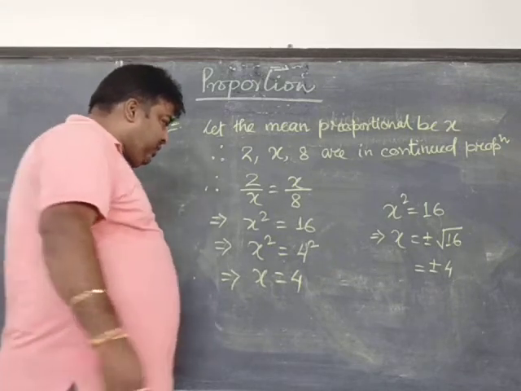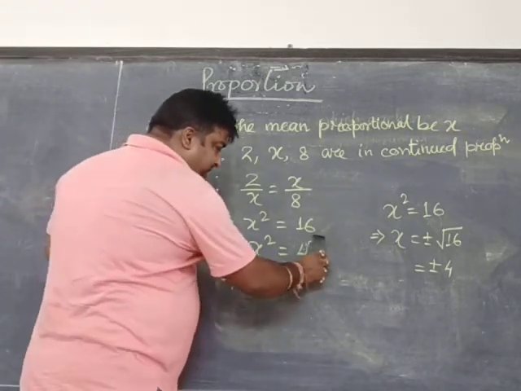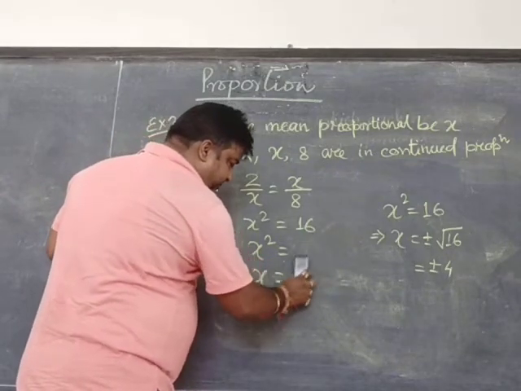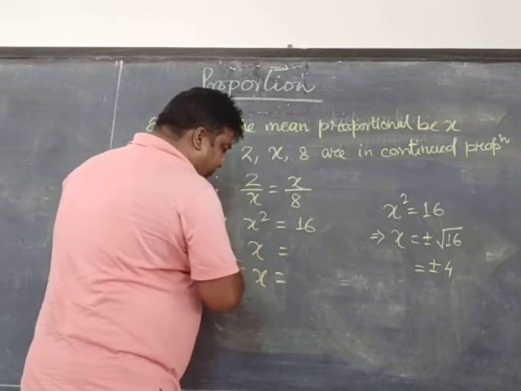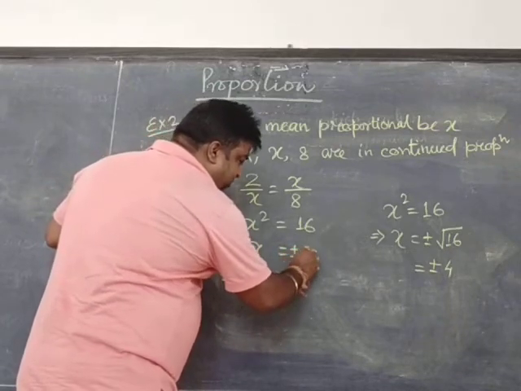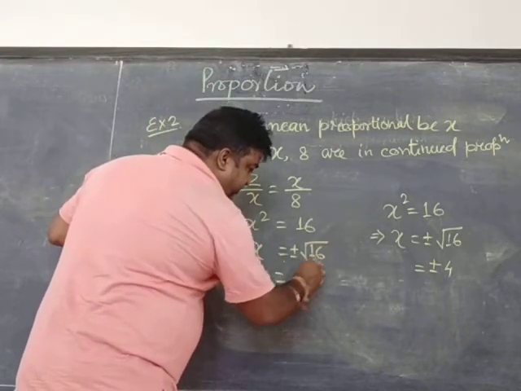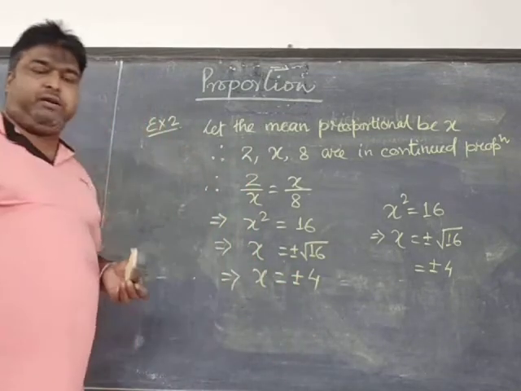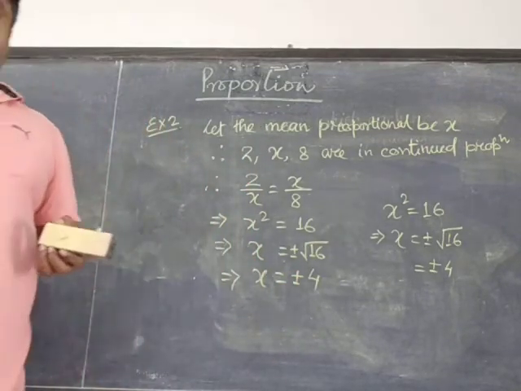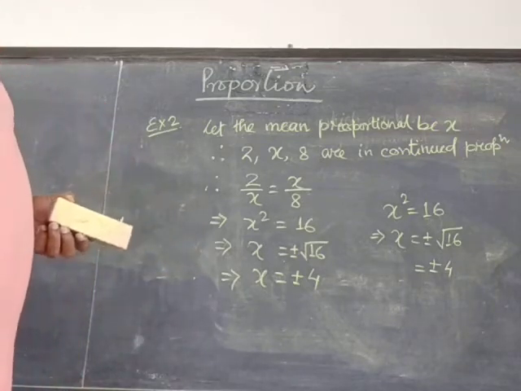Understand? So, instead of going this way, you do this one. Therefore, x equal to plus minus root under 16, that is plus minus 4. Therefore, the required mean proportional is plus minus 4.